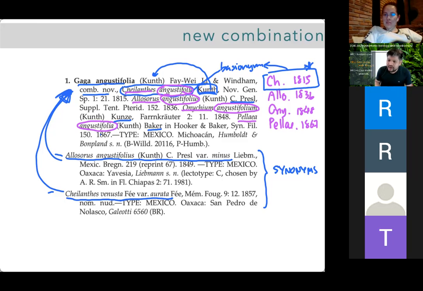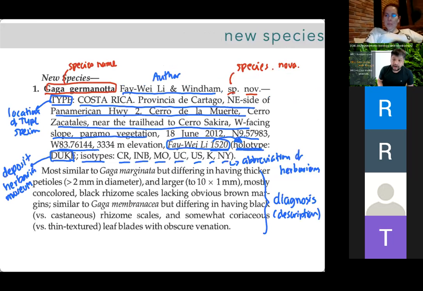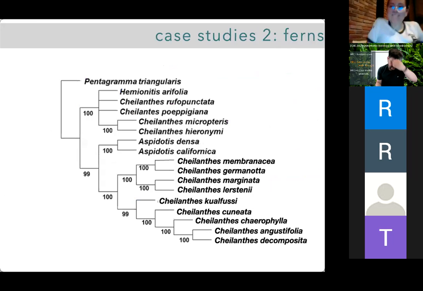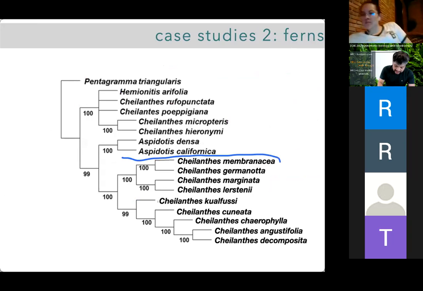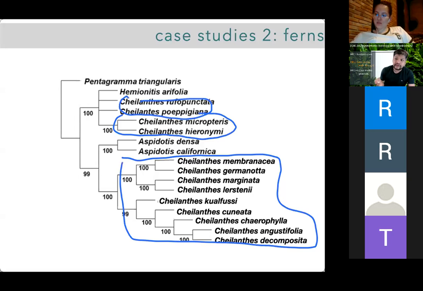So why did we name Calientus Gaga? Because we go back to those trees, and they found that Calientus in the broad sense is highly polyphyletic. There's many groups, and all of this used to be Calientus.